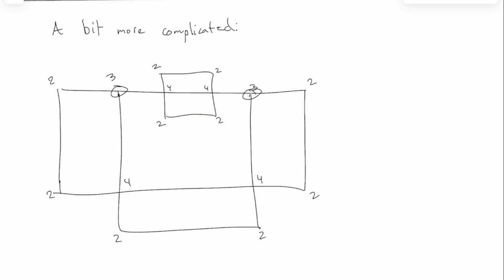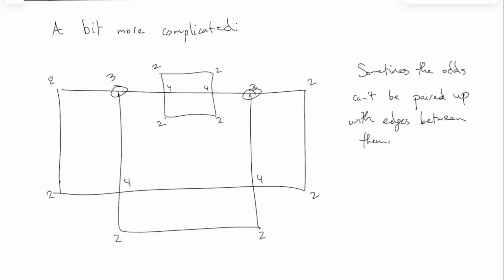So sometimes the odds can't be paired up with edges between them, right? As is the case in this example, there are 2 odds, but they are not connected by an edge. And so you need to duplicate more than one edge in this case.